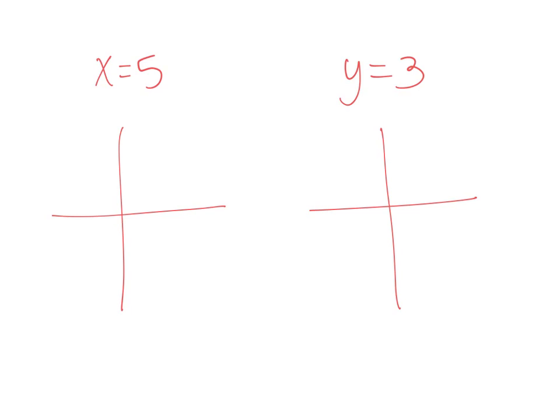You go on the x-axis. Label your axes. 1, 2, 3, 4, 5. X equals 5. Make a dot. Show me with your arm how I'm going to draw this line. Correct. Up and down.